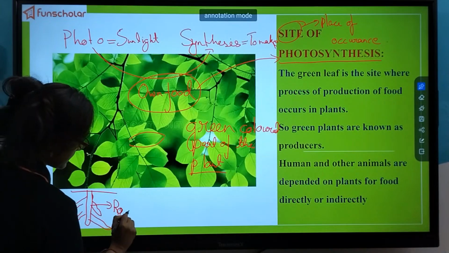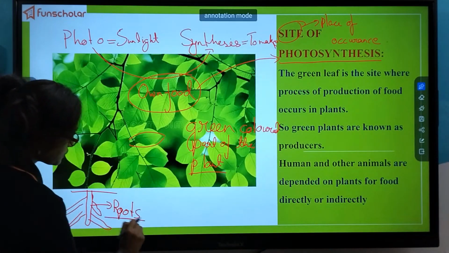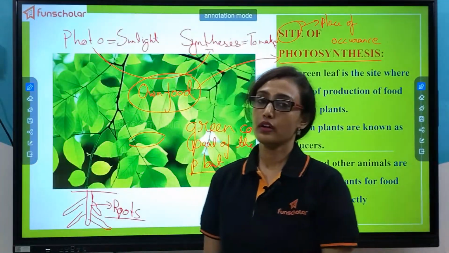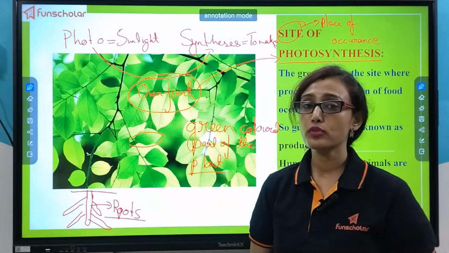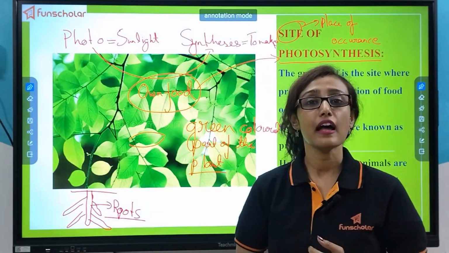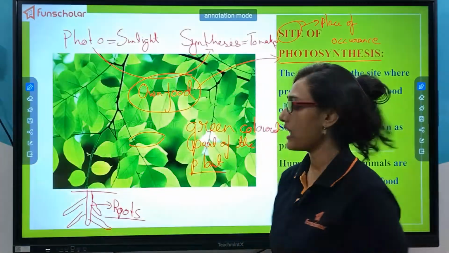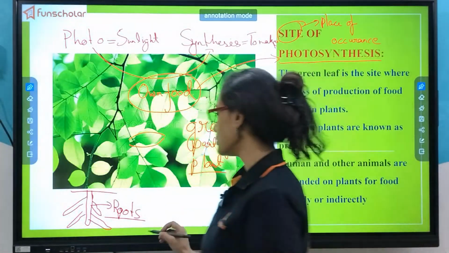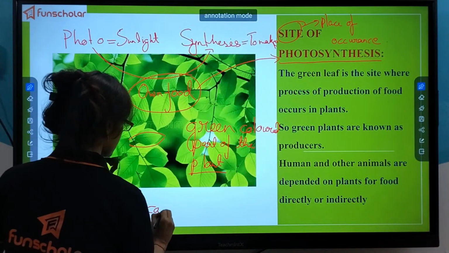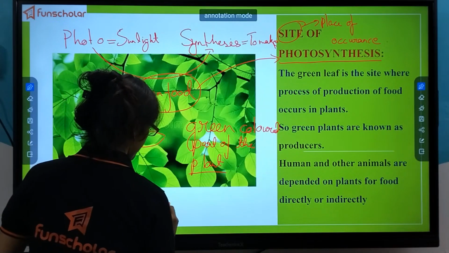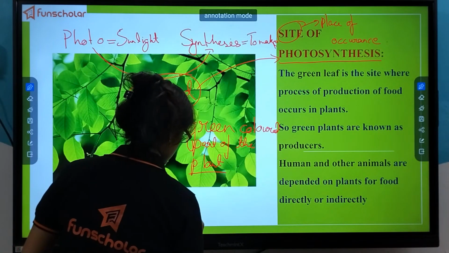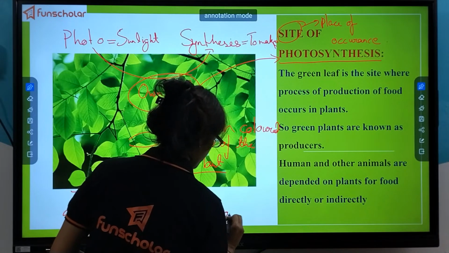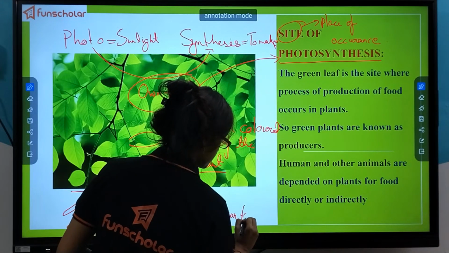Similarly, if you consider roots, roots are white in color. So do you think roots can make their own food? What is the condition for photosynthesis? The part has to be green, and roots are generally whitish in color. So roots can't make their own food.